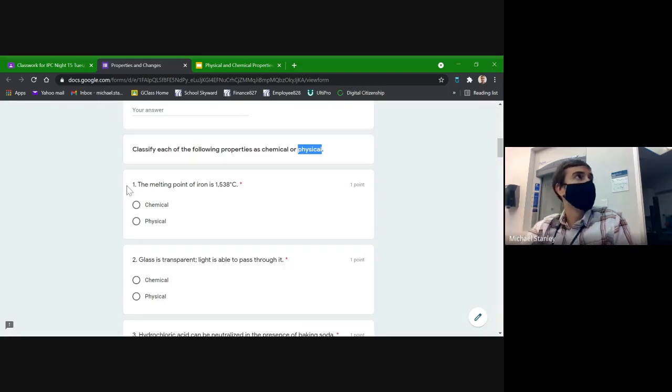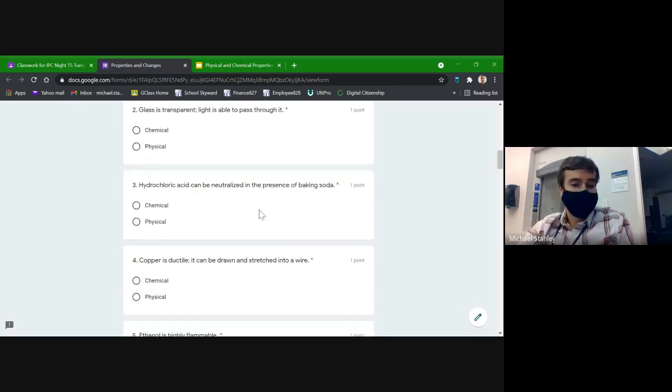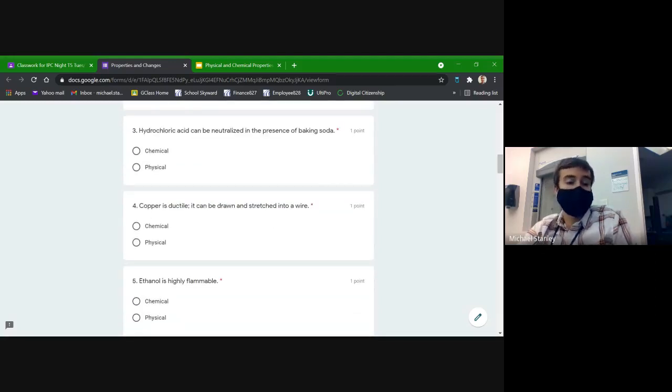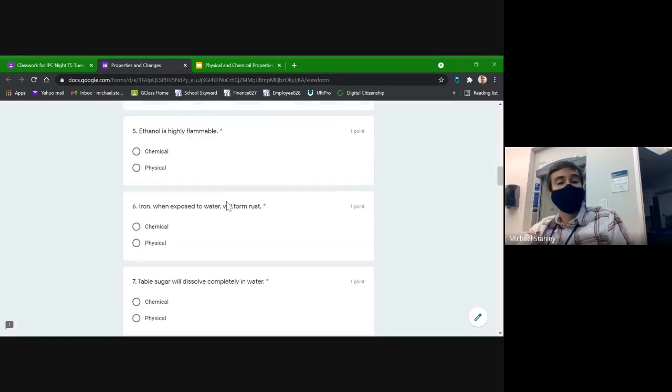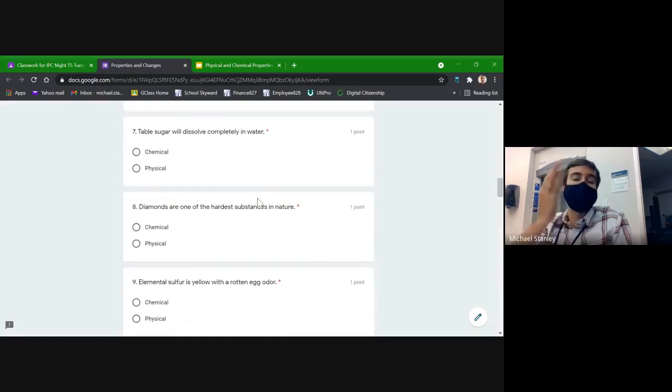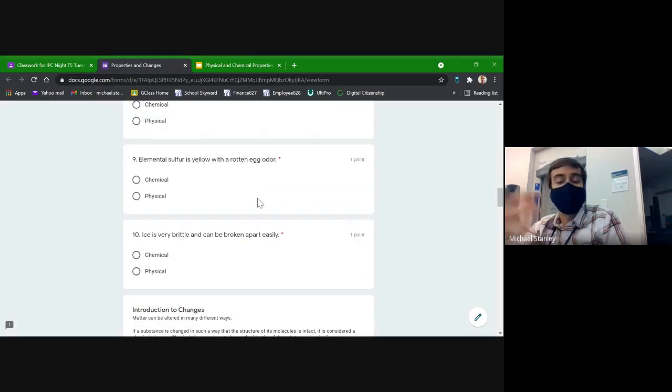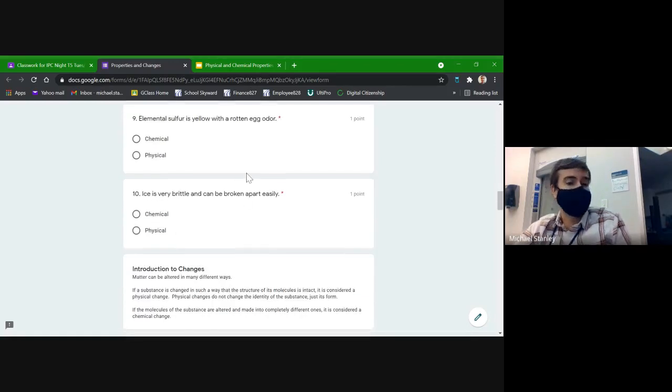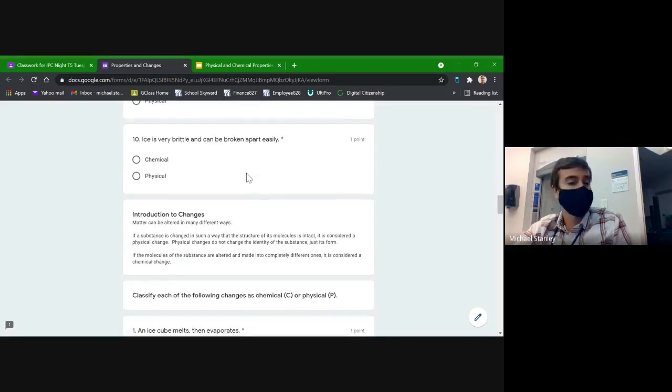So things like what temperature that iron melts at, or the fact that you can turn copper and twist it out into a wire, or that you can light ethanol on fire, or that diamonds are an extremely hard type of rock. For all these, I want you to tell me, is this a chemical property or is it a physical property? So we're going to do that for 10 questions.